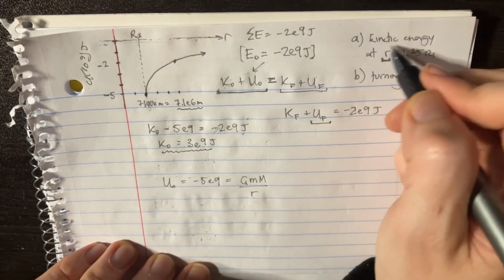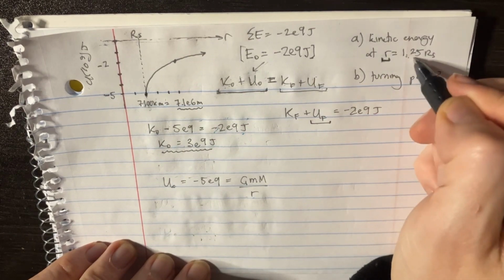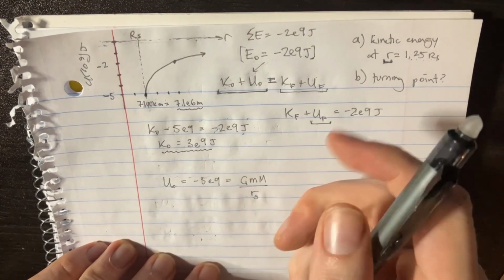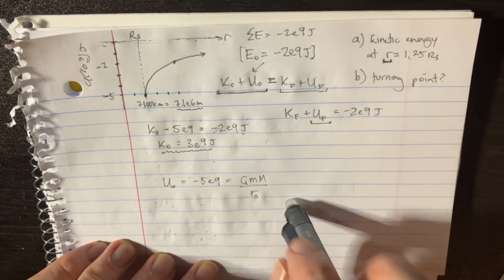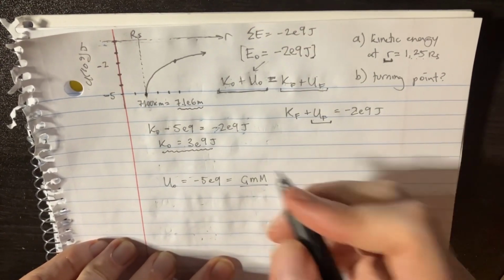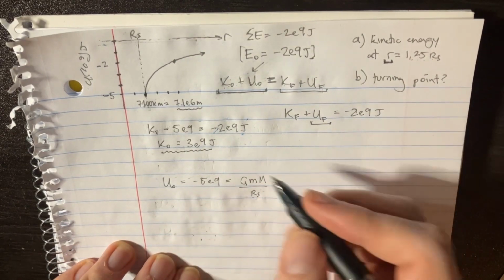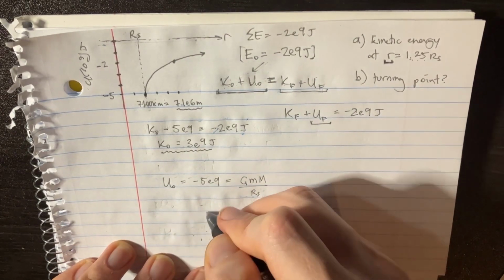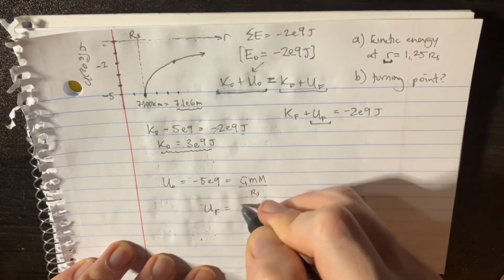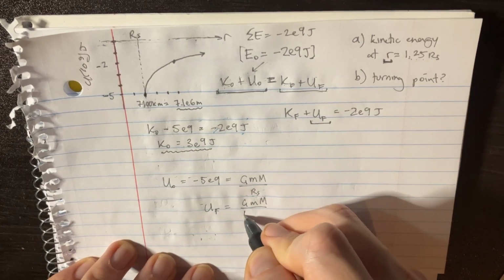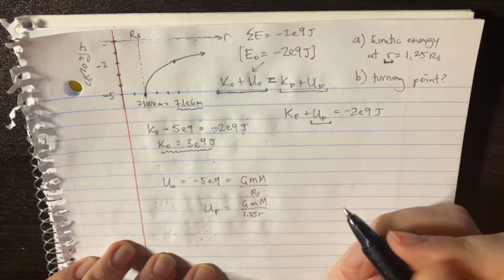And we're asked to find the kinetic energy at R equals 1.25 RS. Well, this is actually RS over here, isn't it? So I'll put RS. This is regular RS. And then over here, we're looking at Uf being equal to GMm over 1.25 R, isn't it?